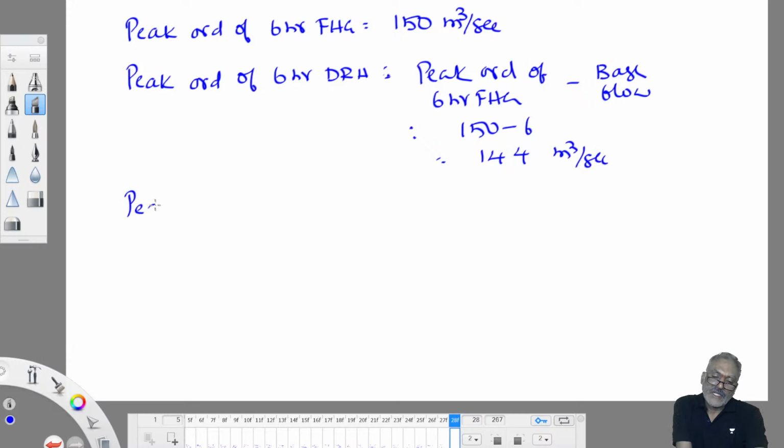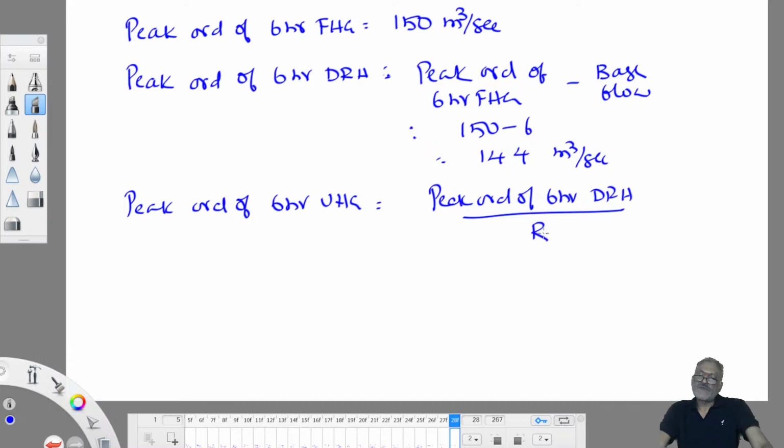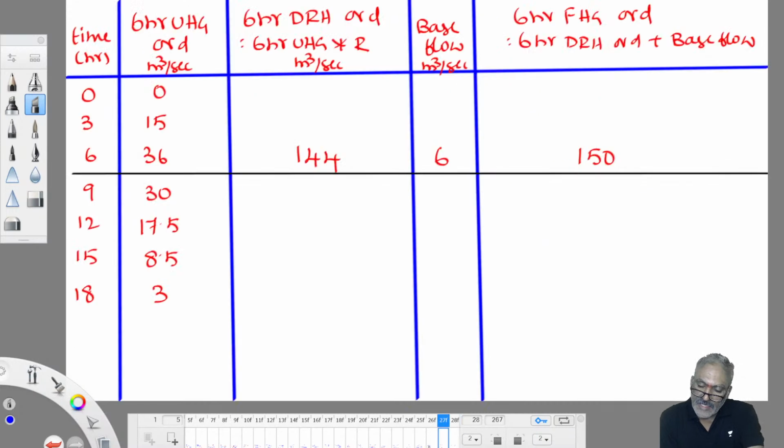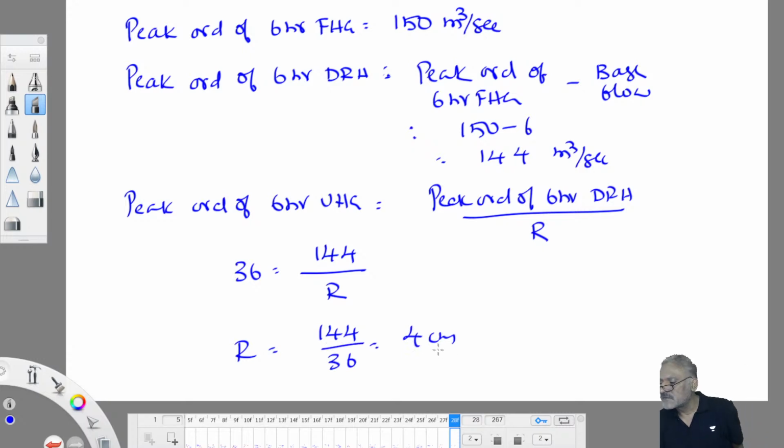Then the peak ordinate of the 6-hour unit hydrograph is the peak ordinate of the direct runoff hydrograph divided by R. Direct runoff hydrograph ordinates divided by R give unit hydrograph ordinates. Among all ordinates, the peak ordinate of the 6-hour unit hydrograph is 36. The peak ordinate of the direct runoff hydrograph we just got is 144. Can't you work out the R value? Therefore R is equal to 144 by 36, 4 centimeter. Understood now, Deepak?